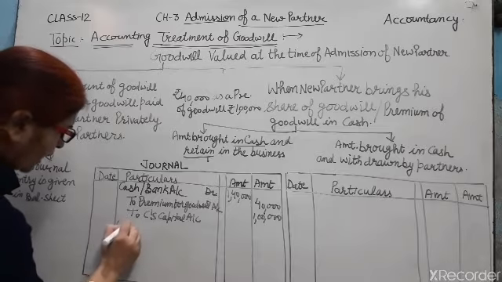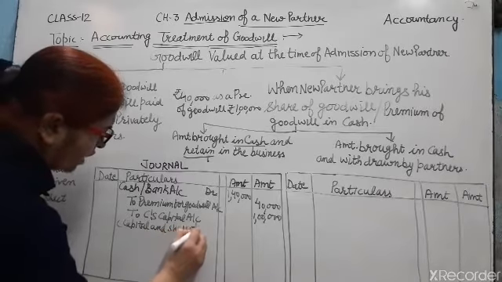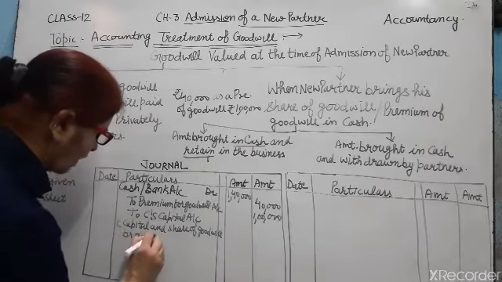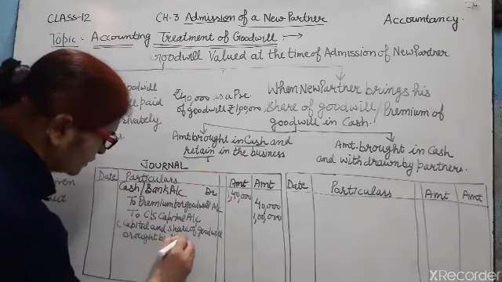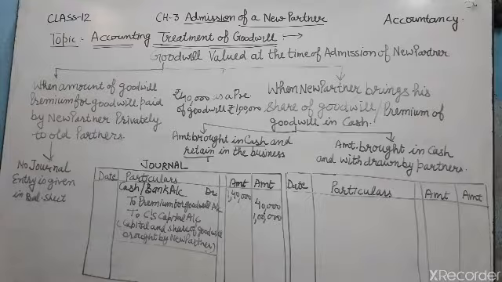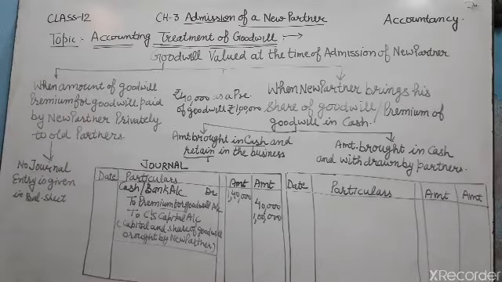This is the entry for capital and share of goodwill brought by the new partner. And after that, this premium for goodwill is divided among the sacrificing partners in the sacrificing ratio. So first of all, we calculate the sacrificing or gaining ratio: the new partner gains and the old partners sacrifice.